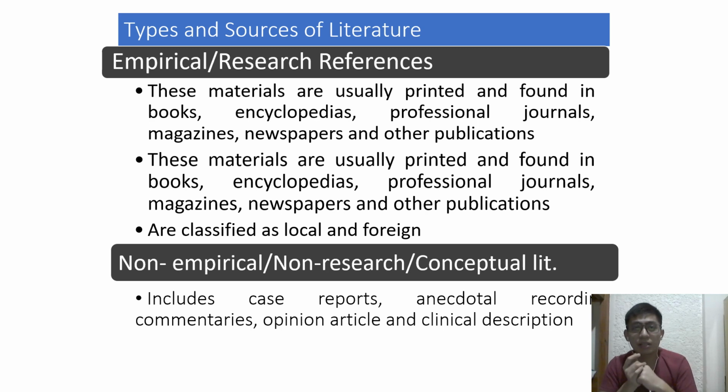Types and sources of literature. We have empirical and non-empirical. Empirical is more on the printed, found in books, encyclopedias, professional journals, magazines, newspapers. Non-empirical is anecdotal recordings, opinion articles, and reports or case reports.